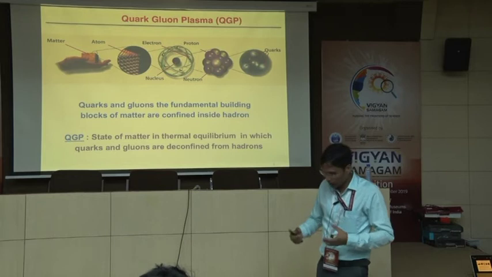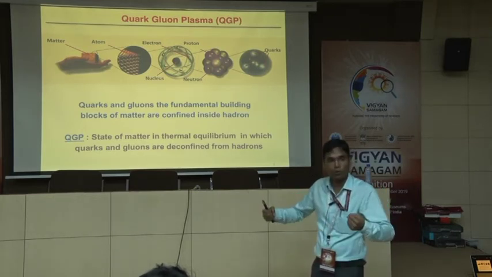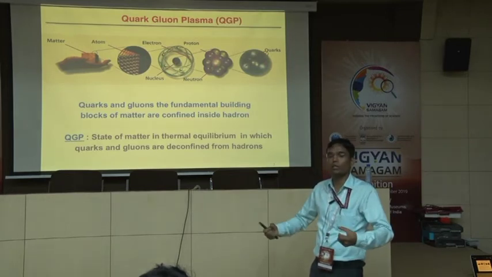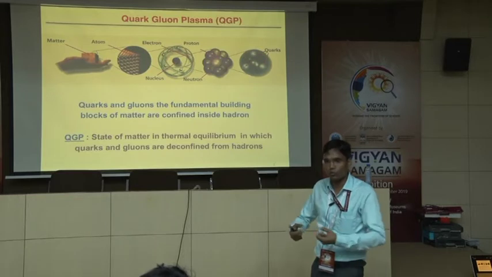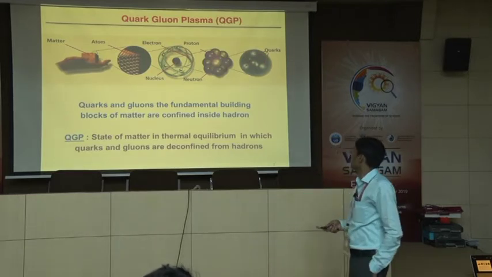Okay. So, as you try to separate them out, you need more and more force. Eventually, you need an infinite amount of energy or force to separate them totally. Okay. So, in principle, you cannot separate them out.